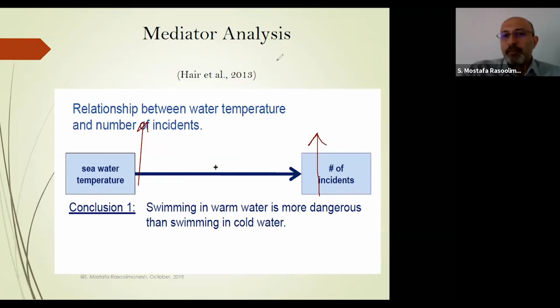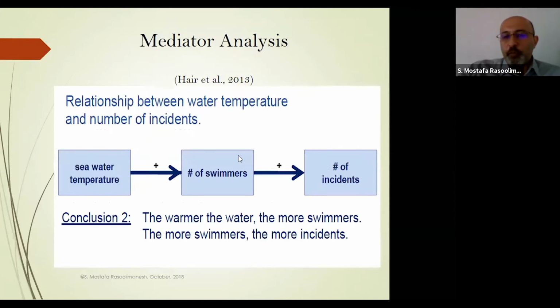But if we introduce another variable between these two, the number of swimmers, this helps us to understand why seawater temperature has a positive effect on the number of incidents. This mediation variable is the number of swimmers, right?